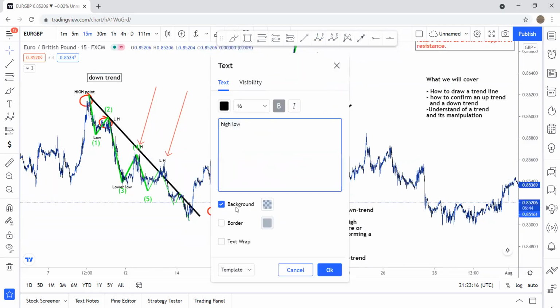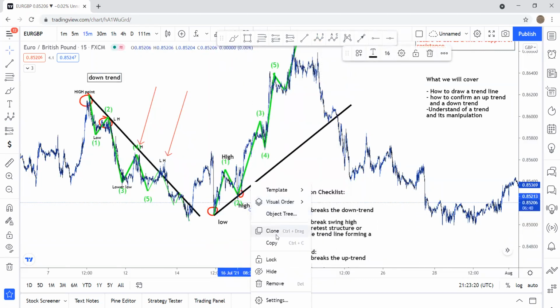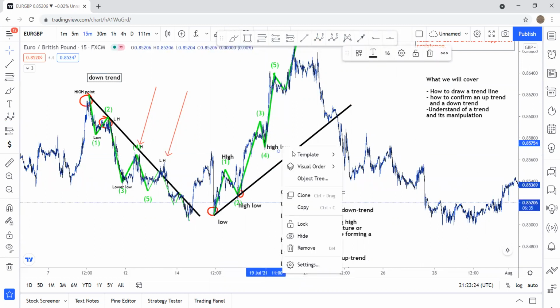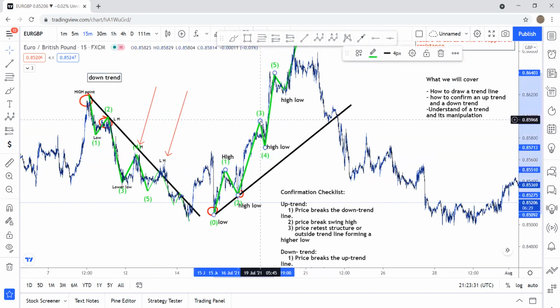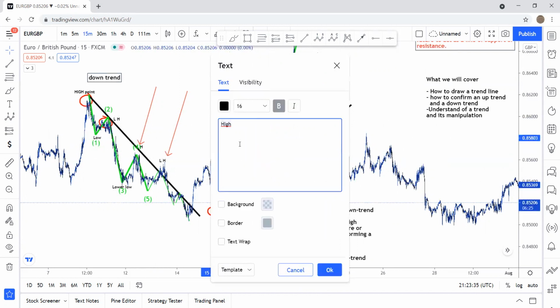Oh, what did I just click on? Okay. You have a higher low here, right? Where that number 2 is at. It's going to clone that and move this here, higher low, right? On that here, higher low. Higher high, right? Let's look at this.